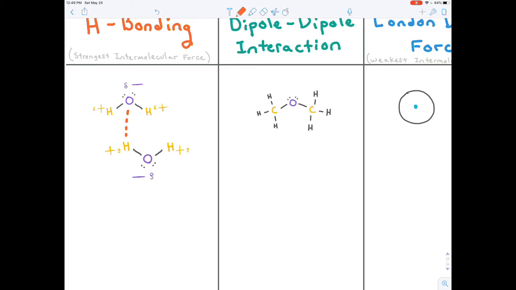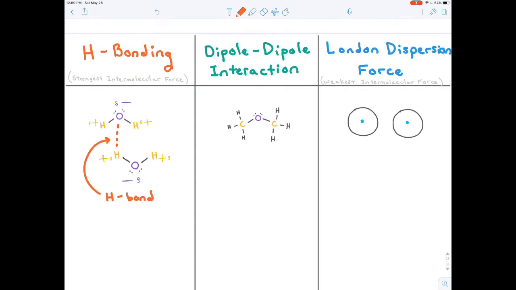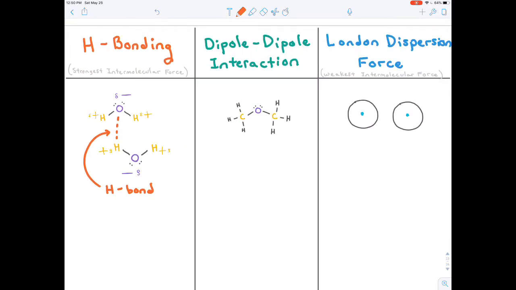That attraction between those charges is a hydrogen bond. It's really a misnomer. It's not a bond. That attraction is 30 times weaker than a covalent bond. But it is attracting them, it is a stickiness, and that stickiness is a hydrogen bond.